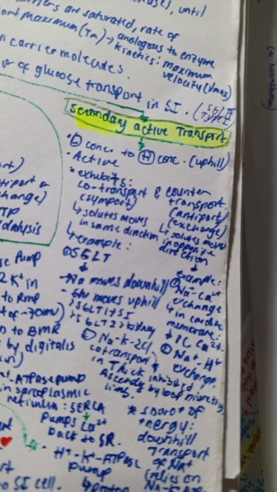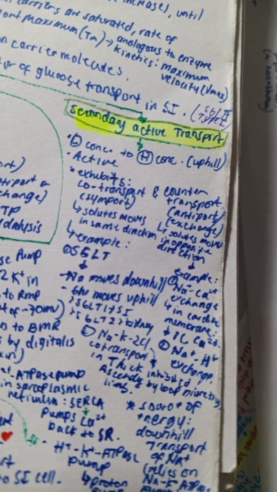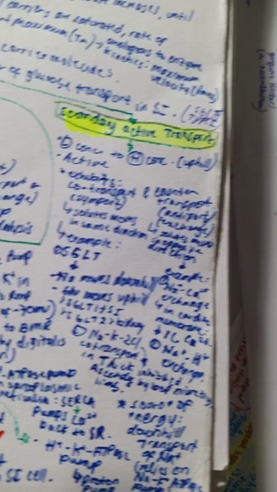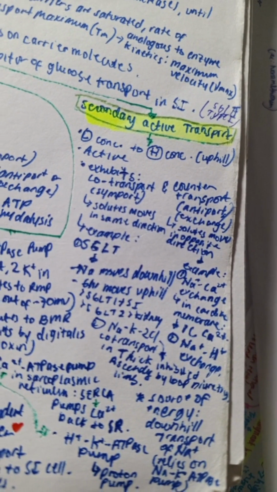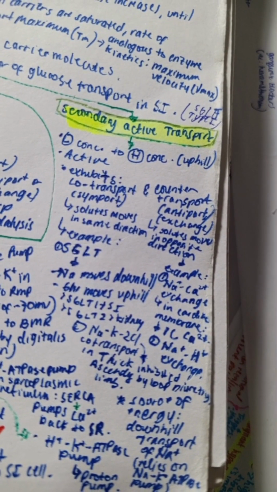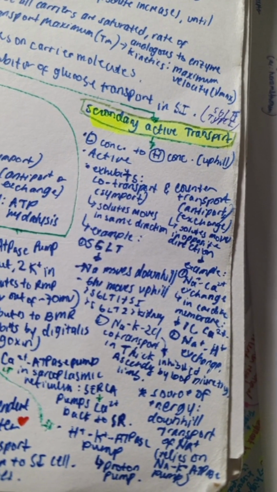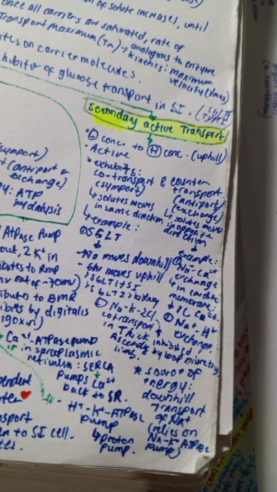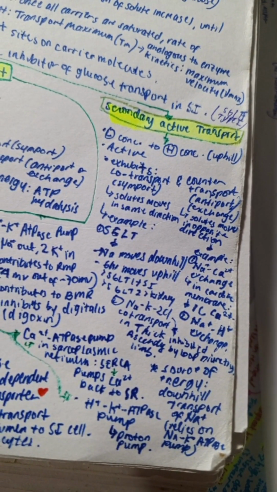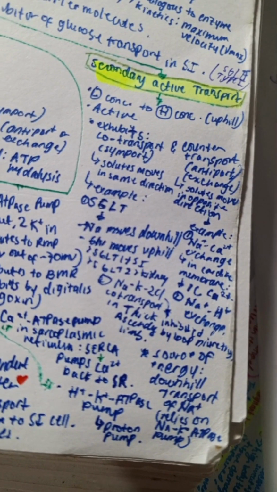Another type of secondary transport is the counter-transport, or antiport exchange. An example is the sodium-calcium exchange, found in the cardiac membrane. It lowers the intracellular calcium. Aside from sodium-calcium exchange, another example of counter-transport is the sodium-hydrogen exchange. The source of energy in secondary active transport is the downhill transport of sodium.